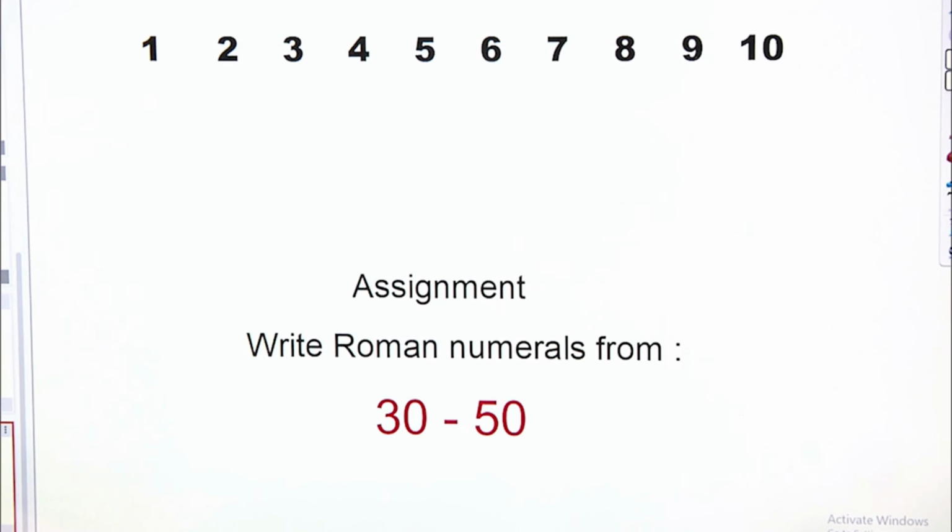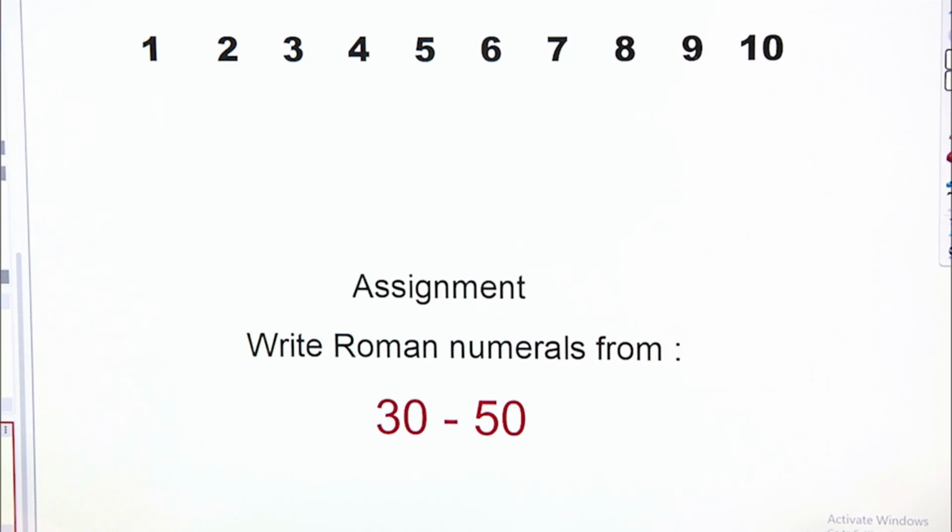Now, can we try this? These numbers are in alphanumeric, Hindu-Arabic numerals. We have to write them in Roman numerals. How do we do that? 1 in Roman numerals. I want you to try.